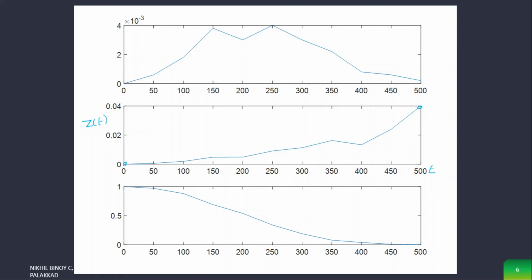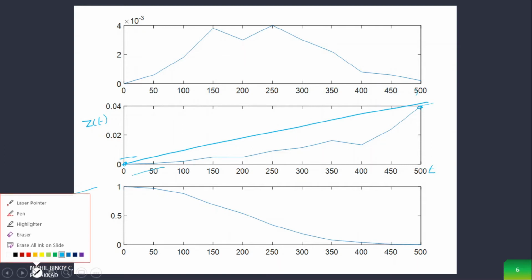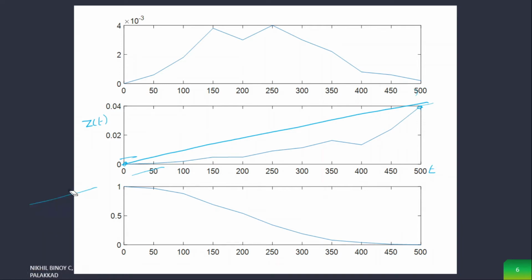If we use this type of linear approximation, what's the problem?